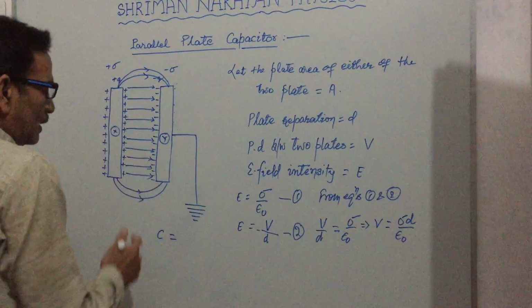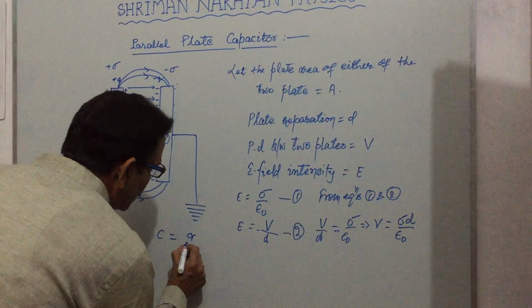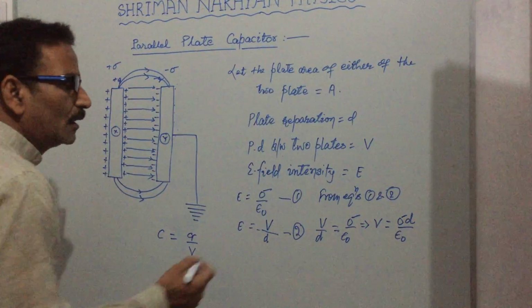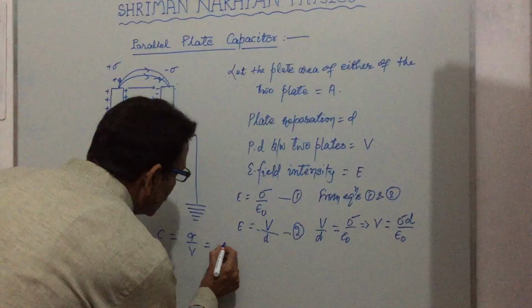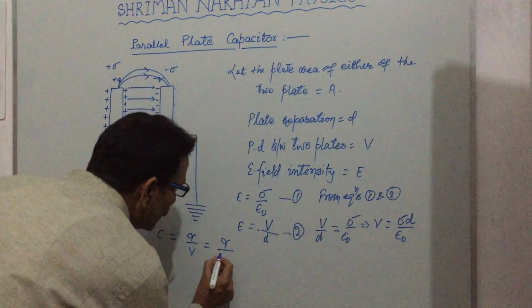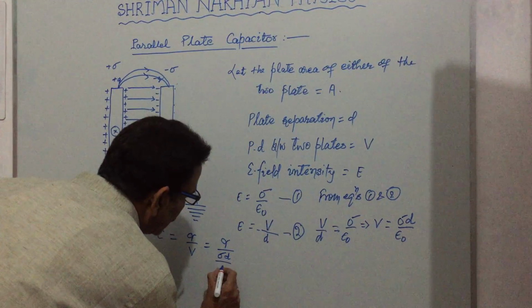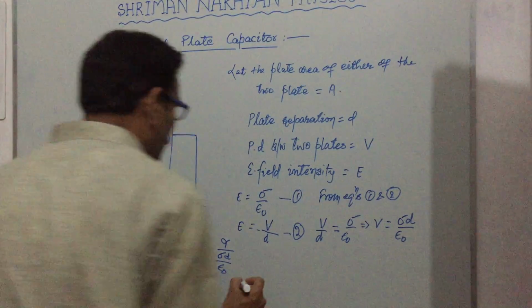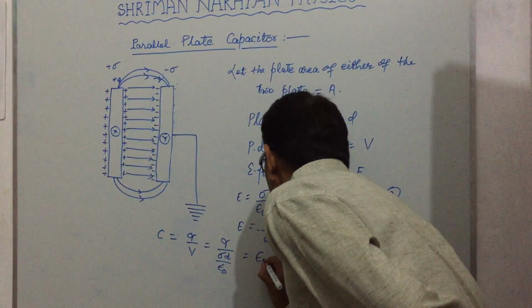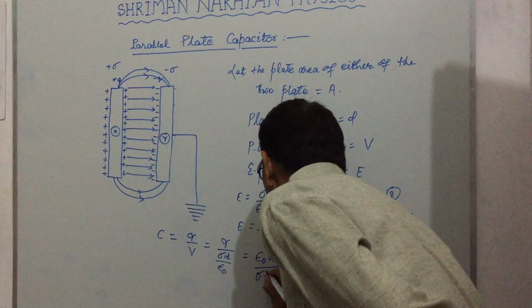The charge of this parallel plate capacitor is Q, and the potential difference is V. So we write C equals Q by V. So right here we can write Q divided by V, and the value of V is sigma into D divided by epsilon naught. So we can write this very relation as epsilon naught into Q divided by sigma into D.